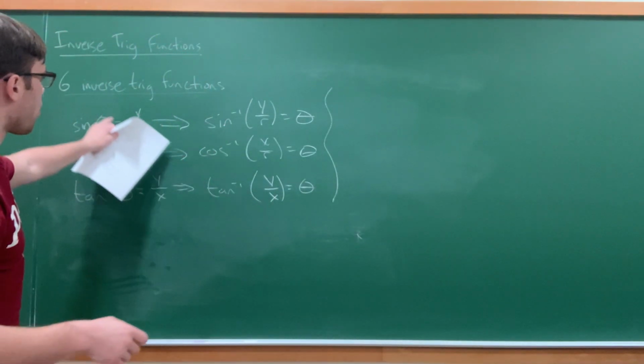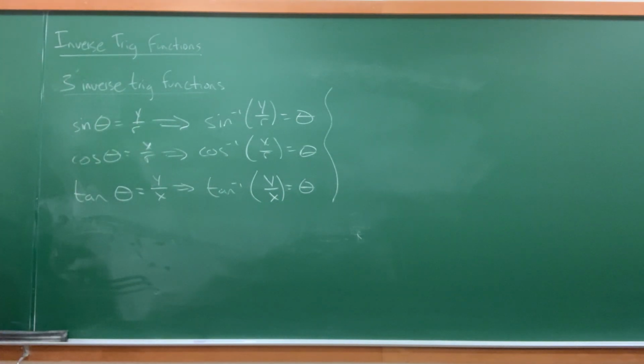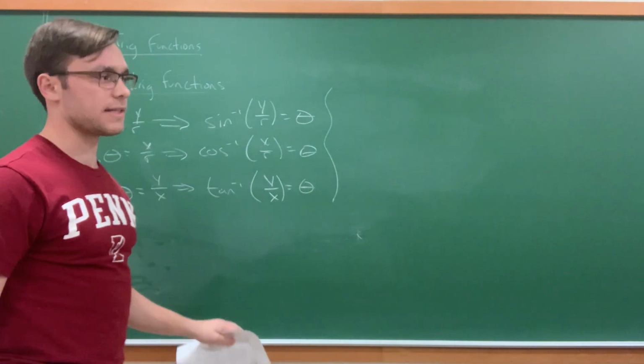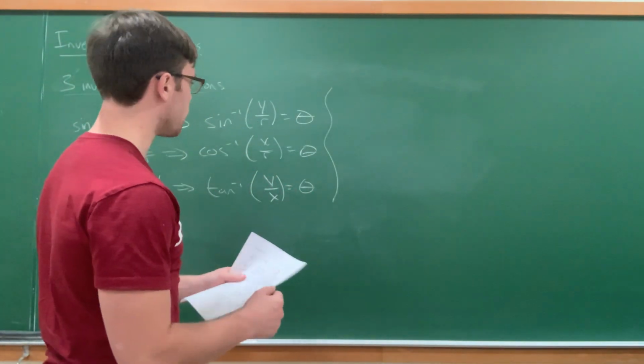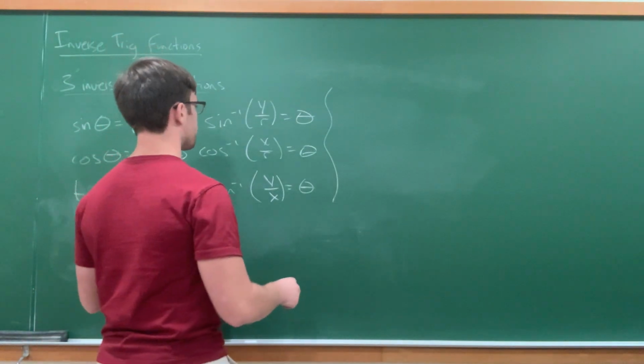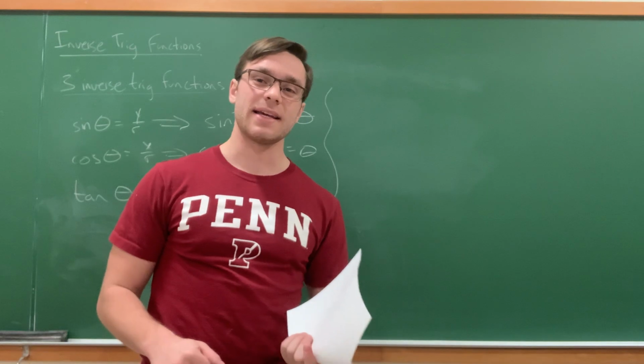There are 6 of them, but in reality, we only really talk about 3 most of the time. The other ones, if you get to them, we can talk about in class. So these have domain restrictions.